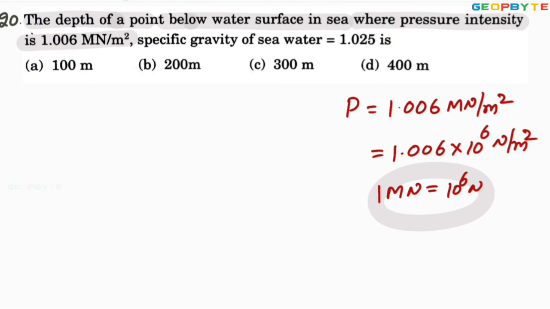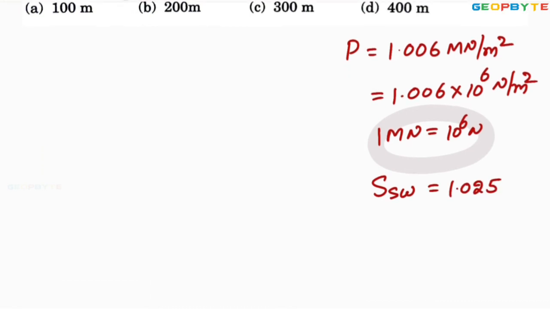Very good. The specific gravity of seawater is equal to 1.025. Then the density of the seawater equals the specific gravity of the seawater into the density of normal water.